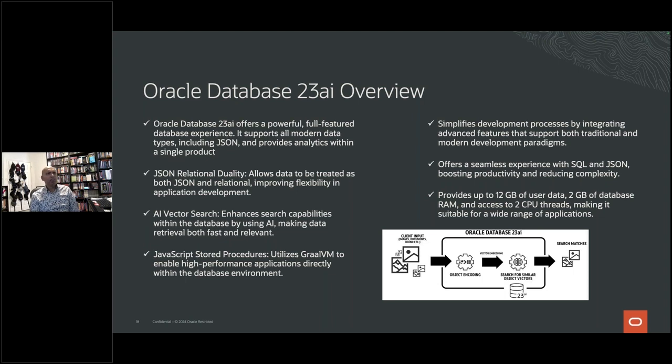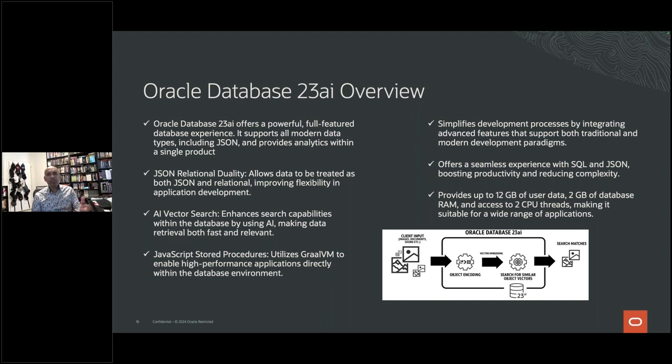And there is a free edition. If you want to try it, it provides up to 12 GB of user data, 2 GB of database RAM, and access to 2 CPU threads.